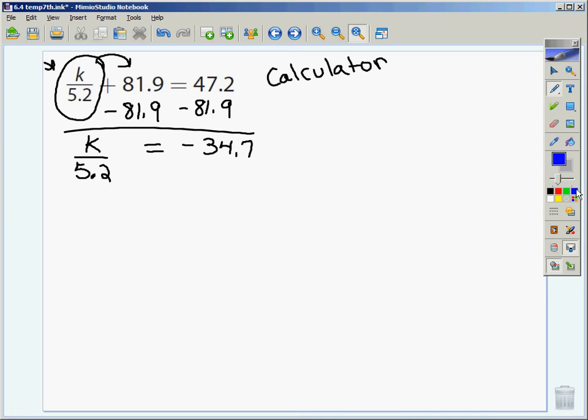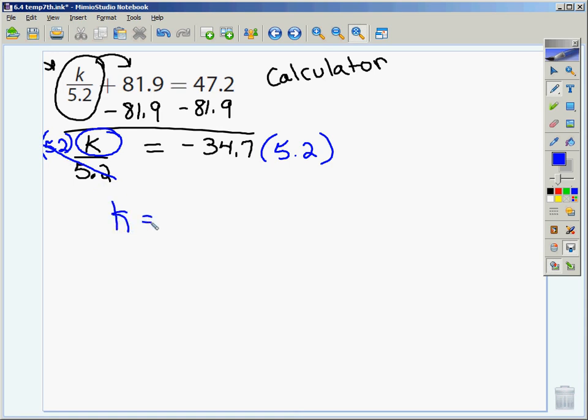What do I want to get by itself? The variable. What's happening to k at this point? It's being divided by 5.2. And to undo division, we use multiplication. So I multiply both sides by 5.2. What happens to the 5.2s on the left? They cancel out, leaving me just k.